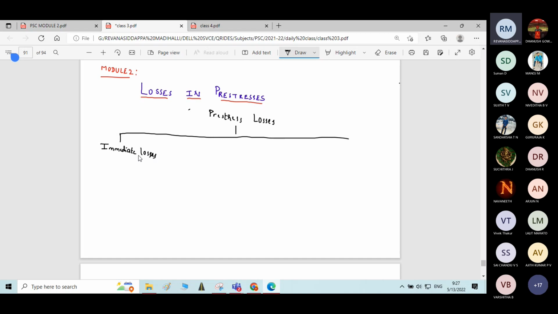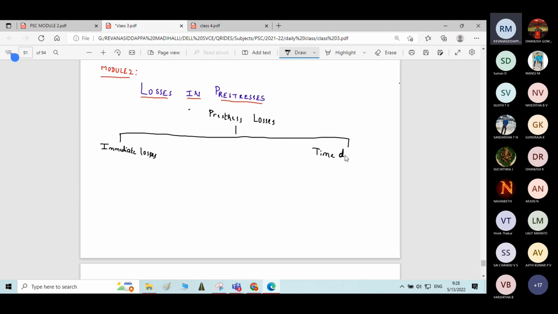What is the meaning of immediate losses? The loss of pre-stress takes place immediately after inducing the pre-stresses into the member. At the initial stage itself this loss will occur; that is called initial loss. And the second category is time dependent loss.